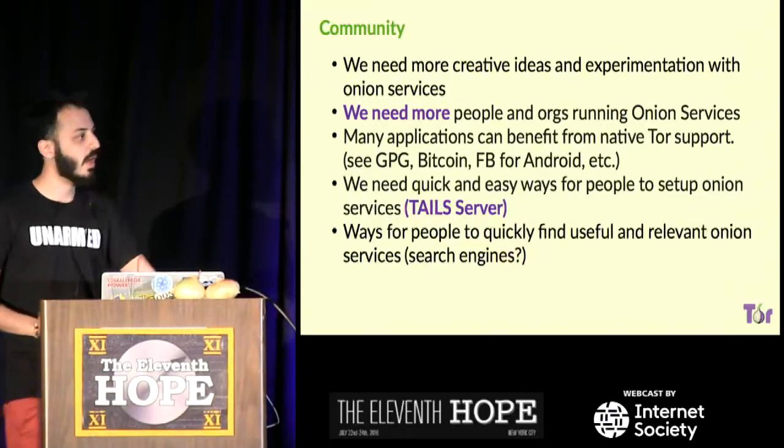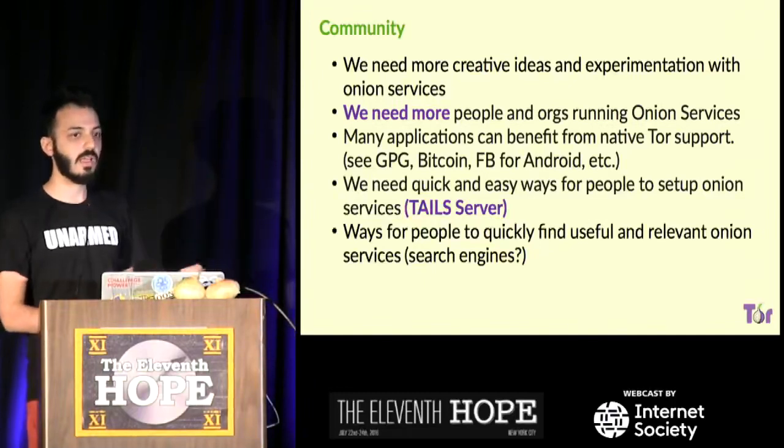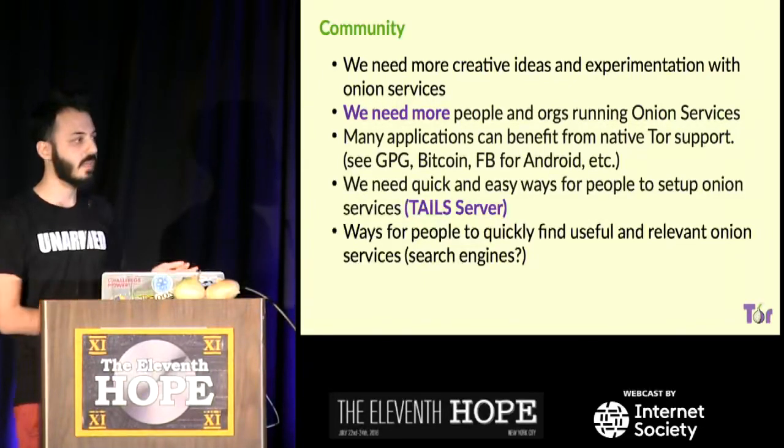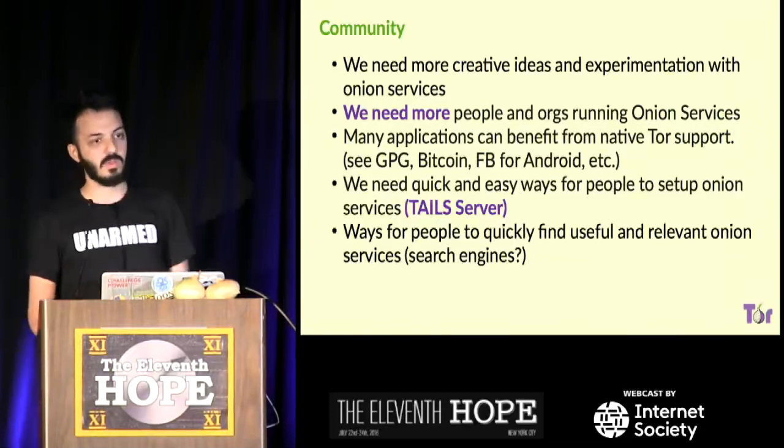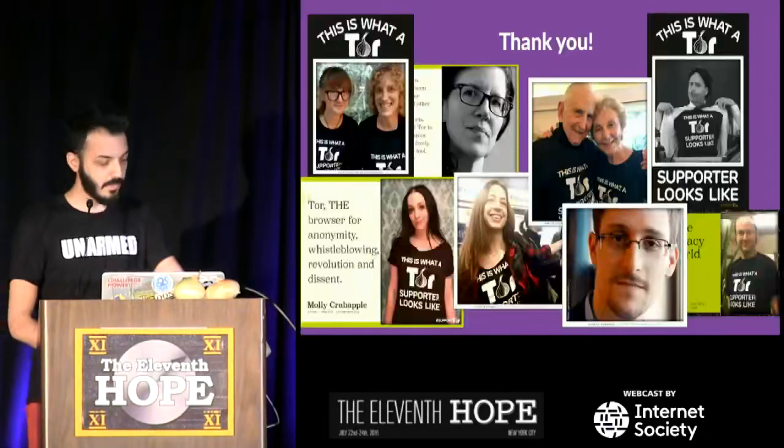RiseUp also has a page where every service they run has an Onion equivalent. So if you want to fetch your email over Onion, you can, or connect to RiseUp Jabber over Onion, or use any other services.